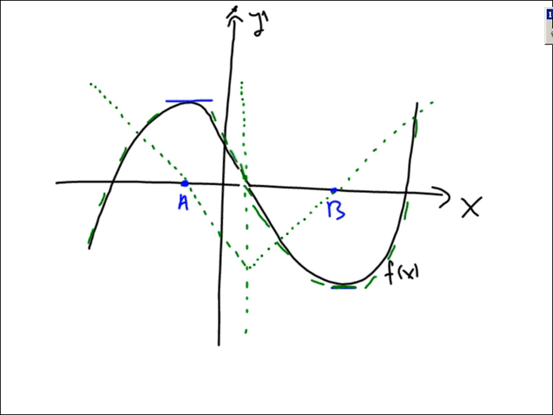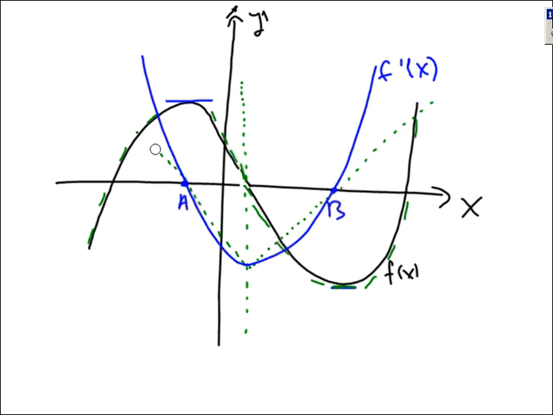Since our original graph is a nice, smooth polynomial, there's not going to be anything funky about our graph. Our graph goes like this and like this. Our graph being the first derivative. Okay, let me get rid of all these dashed lines in case they're in the way.